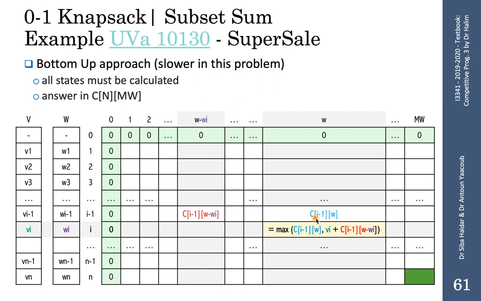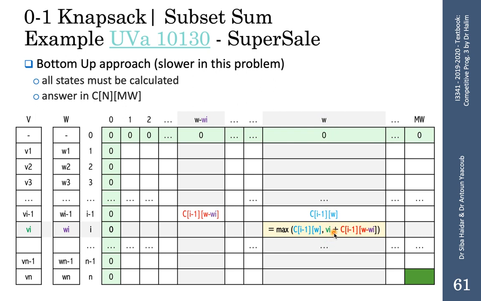So the value here is either I choose the item i, so the weight W when I have chosen the item i has included the weight of the item i, so the previous state was not the state i minus 1, W, but the state i minus 1, W minus Wi, because with the current weight of Wi, I reach the total weight of W.